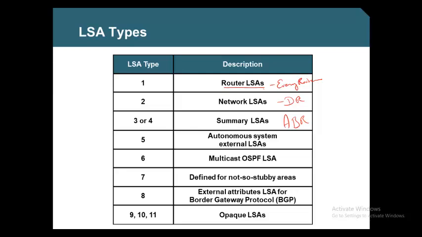Because it comes from the summarization point, it has this name. If you do real summarization, then only is it going to be a truly summary LSA. If not, by name it is summary LSA; in reality, it is detailed LSA.